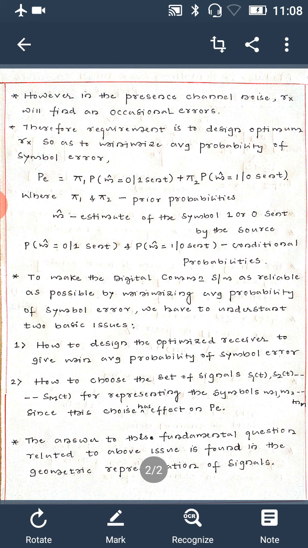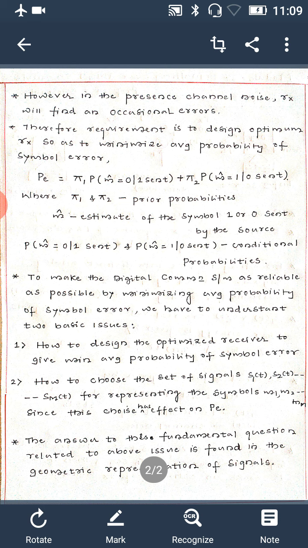Therefore, the requirement is to design an optimum receiver so as to minimize the average probability of symbol error. This average probability of symbol error is denoted by Pe, given by the expression pi 1 P of m cap equals 0 when 1 is sent.